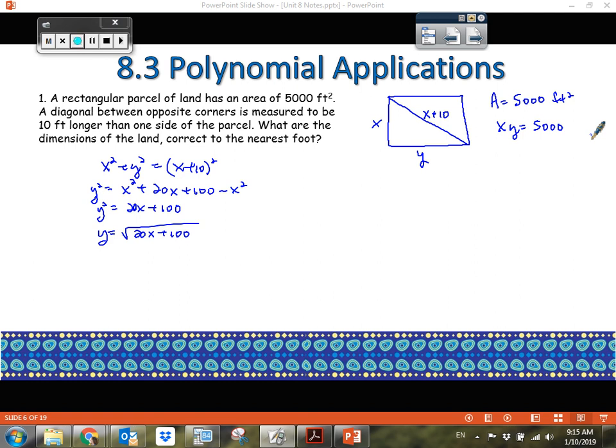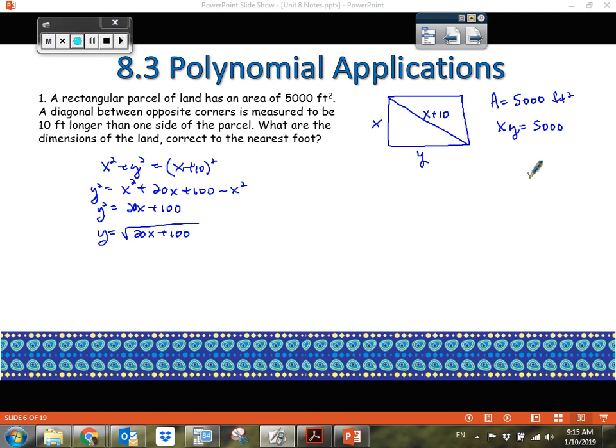Okay, so that's pretty good. This gives us some more restrictions. So let's think about this for a second. We have a representation for y, which is right here. This is what y is supposed to be with the restriction that we have on this 10 feet longer thing. Why don't we use this equation and substitute in this y in this equation?